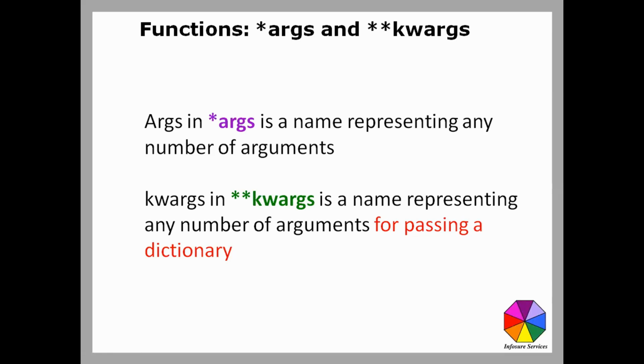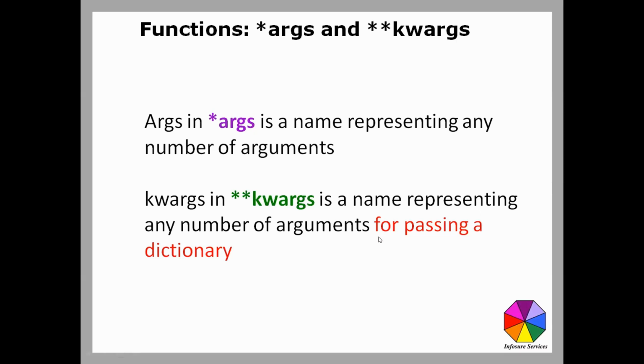On such occasions, the function should also be able to take a key value pair. That's when you will define it with double star kwargs. That's the syntax for accepting a name value pair.